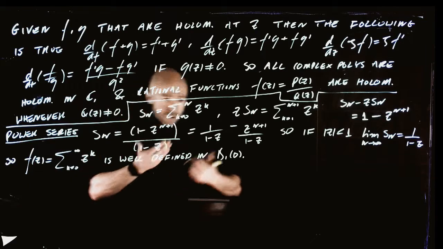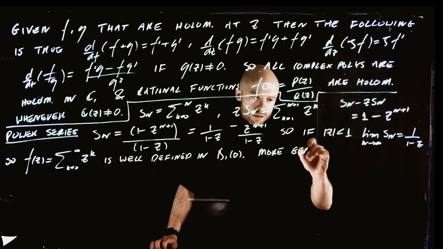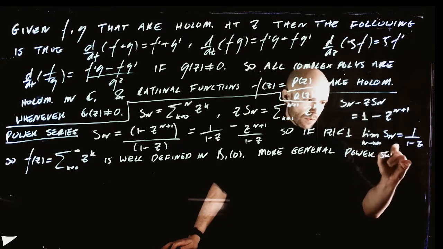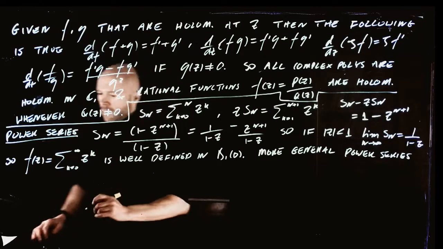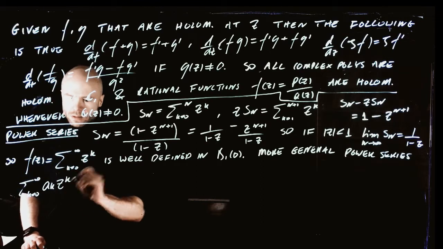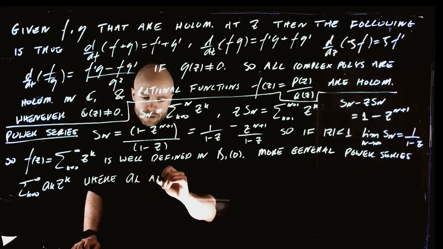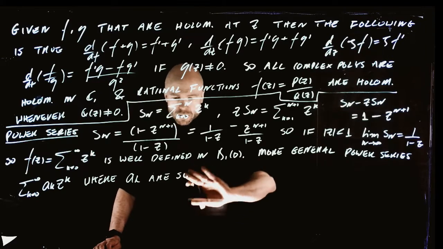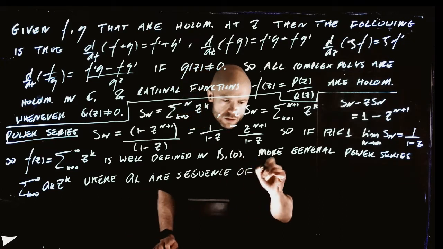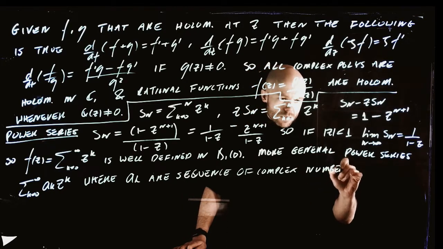But if we want to consider a more general power series, like this, the sum k equals 0 to infinity of a_k z to the k, where a_k are a sequence of complex numbers, we have to think about it.